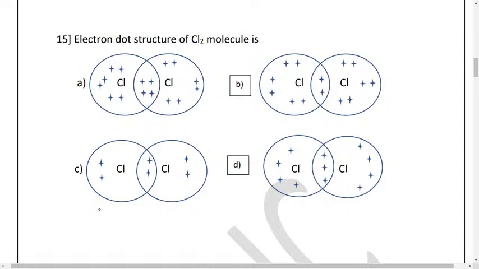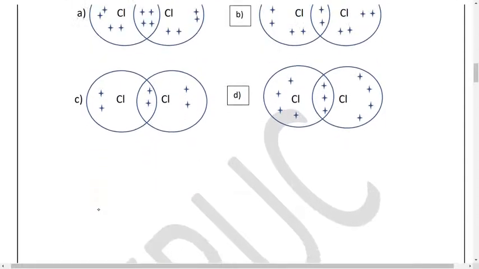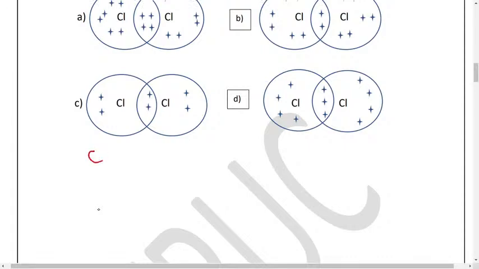Dear students, if you consider the chlorine atom, we know that chlorine, with the symbol capital C and small l, has the atomic number 17. If I write the electronic configuration of chlorine, 1s2, 2s2, 2p6. Dear students, totally how many electrons have we written? 10 electrons, isn't it?